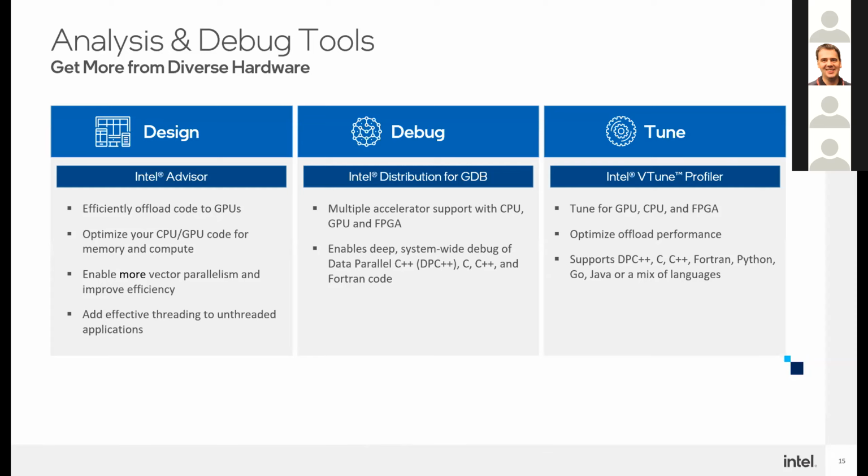The Advisor and the VTune Profiler. The Advisor typically has been a tool that was helping with vectorizing applications and getting the most performance out of them. The Intel Advisor for heterogeneous environments, and specifically for oneAPI, has an additional offering. It offers, I would say, what-if analysis.